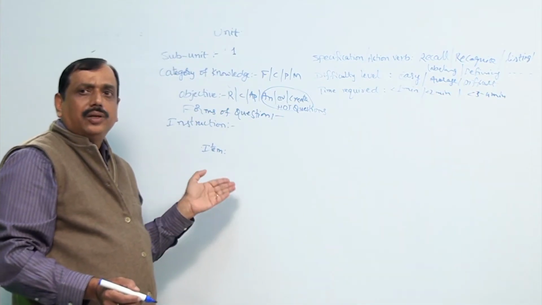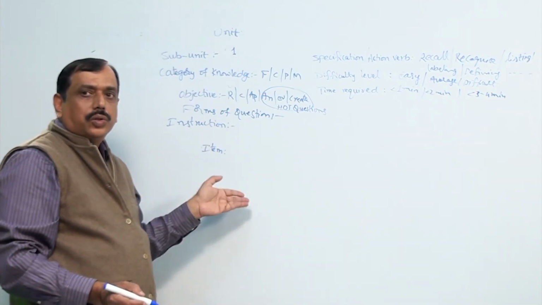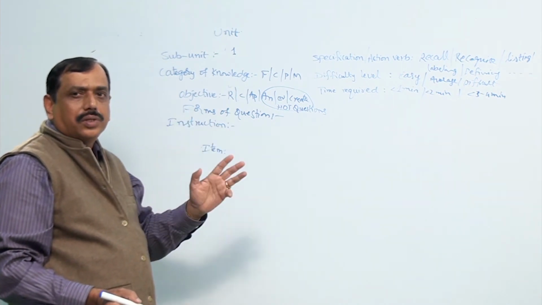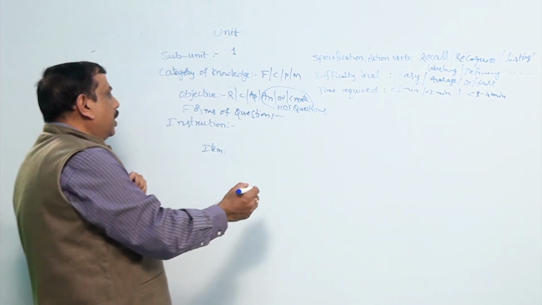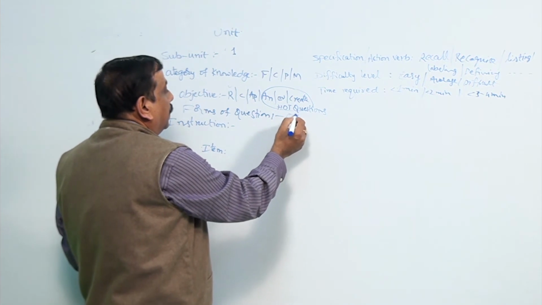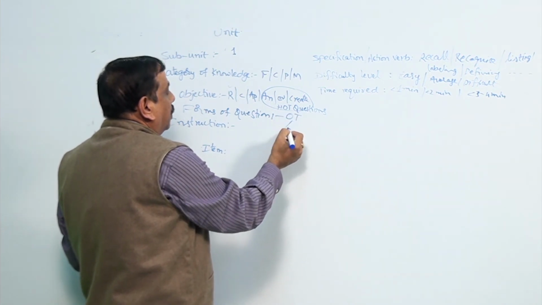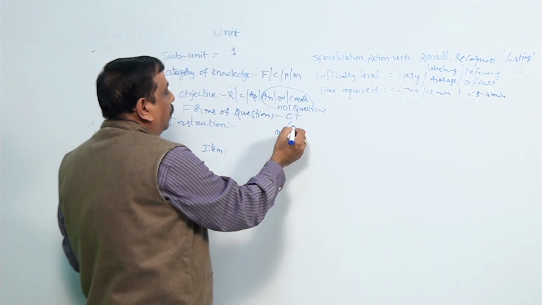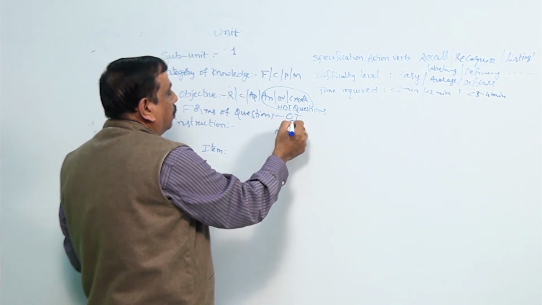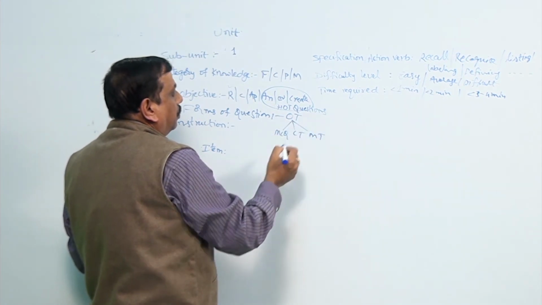Usually in unit test construction we use only 3 types of questions widely. One is the objective type. Within objective type, we use MCQ, or completion type, or matching type.